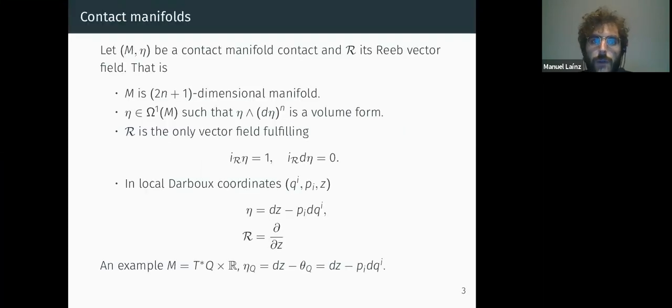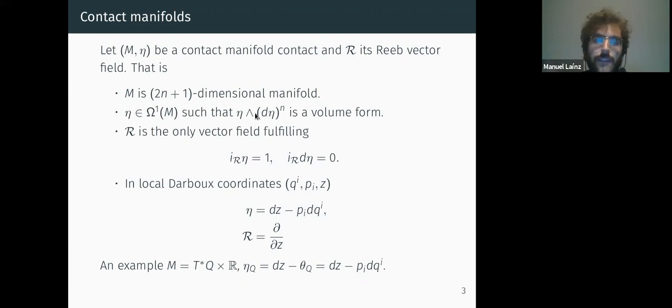Okay, so in this talk, M will be a contact manifold and eta its contact form, and R will be the Reeb vector field. That is, M is a 2n plus 1 dimensional manifold. Eta is the contact form, which is just a one form that satisfies that eta wedge (d eta) to the n is a volume form.